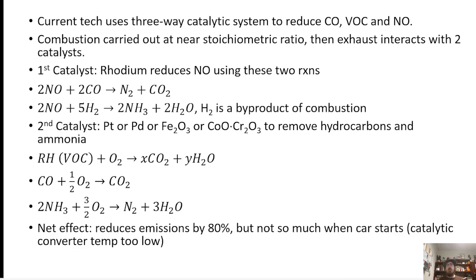The first one is a rhodium catalyst that will convert our NO using the following two reactions. Two NO plus two CO will form N2 and CO2. And then NO plus hydrogens will form ammonia gas and water.